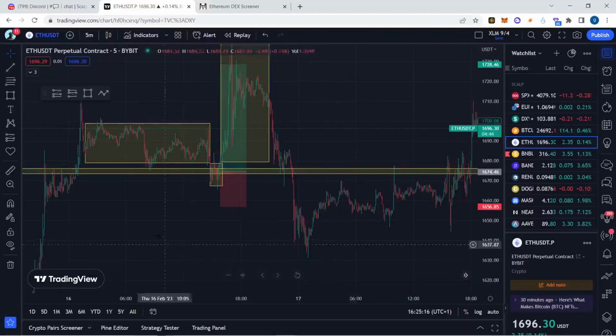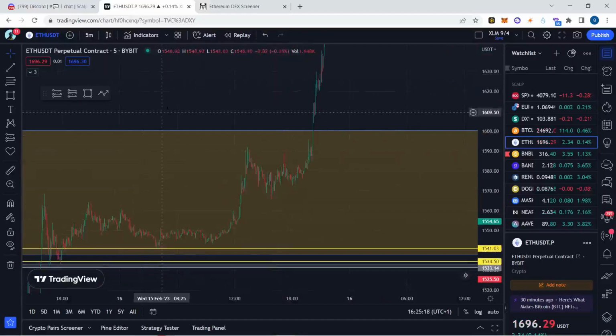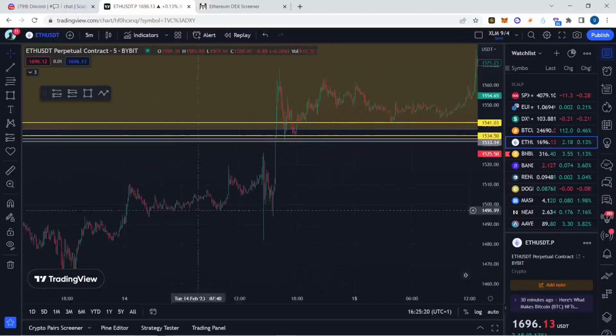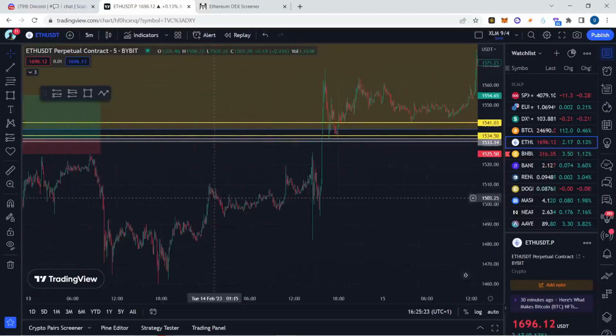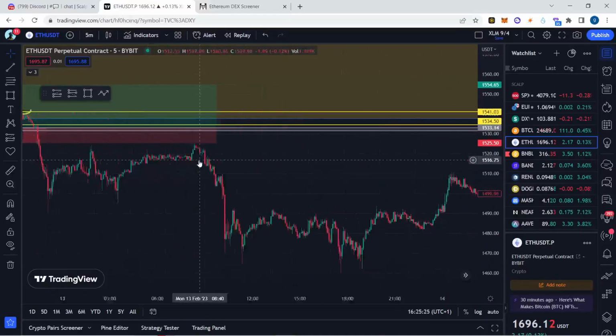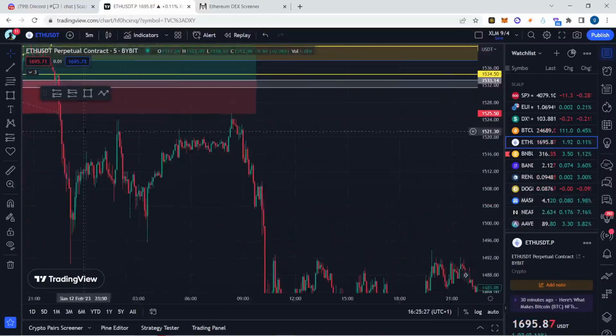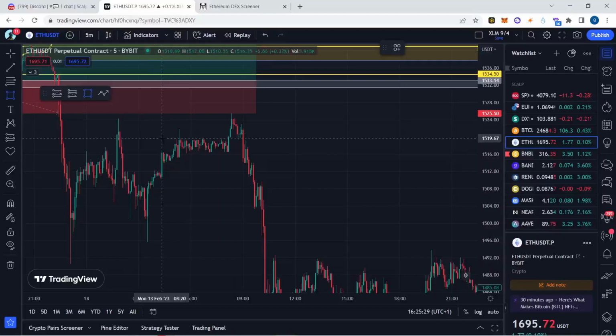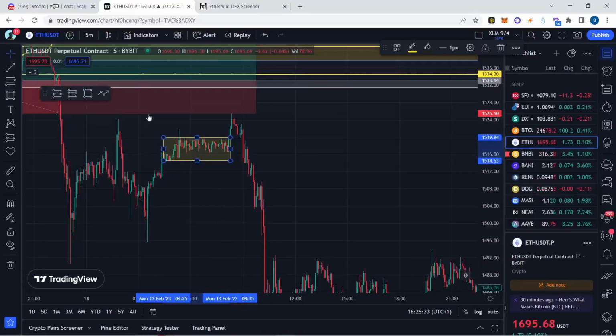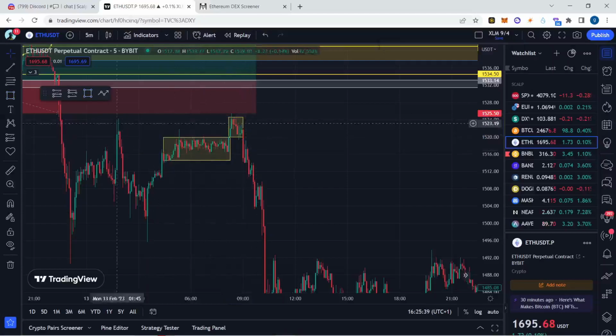Of course, we can have even the same formation, but just flipped down, like this case right here. We have price accumulating in this area. All right, we get a manipulation of the price, bringing the price above this accumulation, and then expansion.